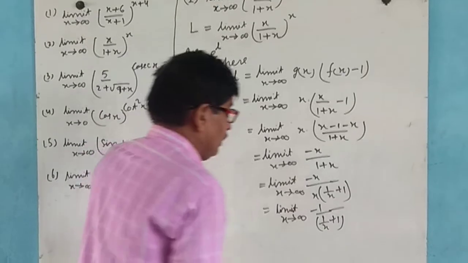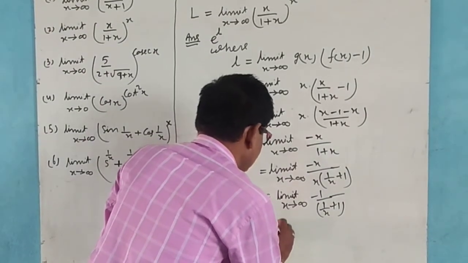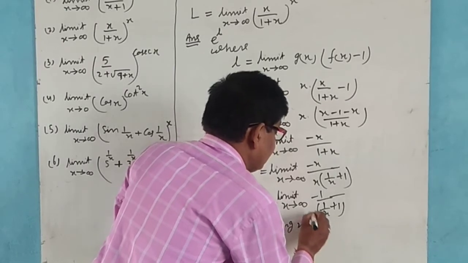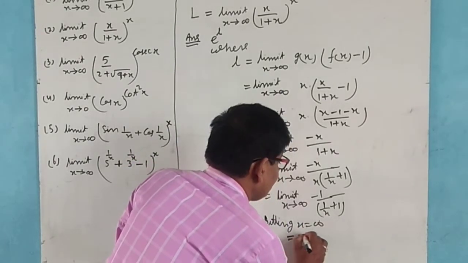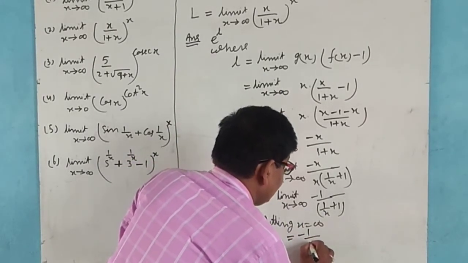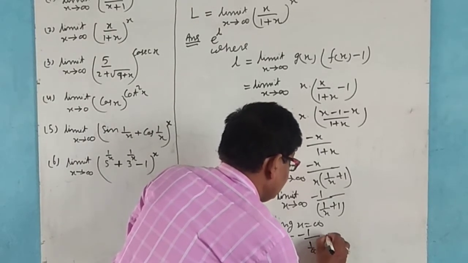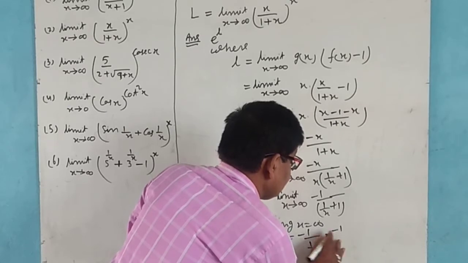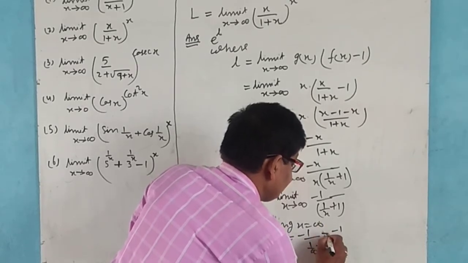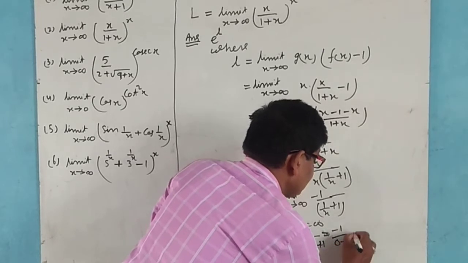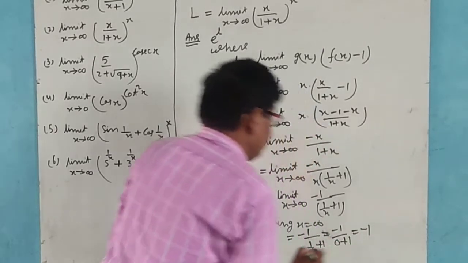Putting x equal to infinity, this is equal to minus 1 divided by (1 by infinity plus 1). This is equal to minus 1 divided by 0 plus 1, which is equal to minus 1.